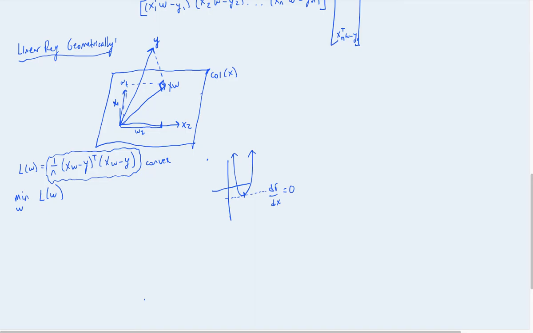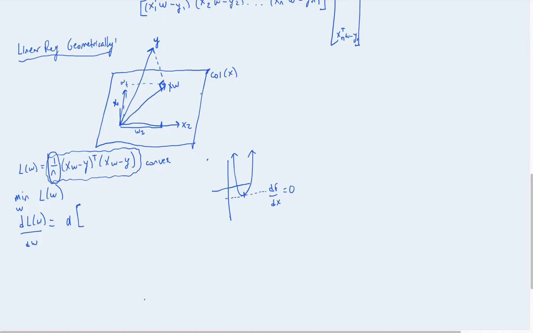And if you're not comfortable with taking derivatives of matrices and vectors, I suggest you read up on that a little bit, but you might also gain some understanding of how that works if you just follow along. So we're going to take the derivative of the loss function with respect to W. Before I get into this, let me just say that we're going to drop this term 1 over n in our solving of the derivative, because if we minimize this entire loss function with respect to W, it doesn't matter if we have the 1 over n there.